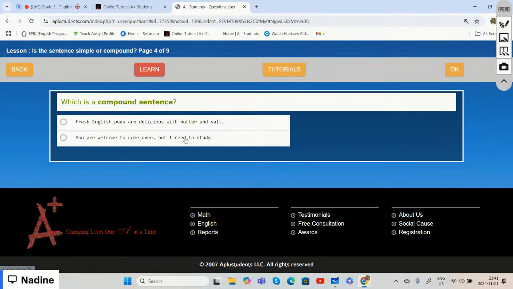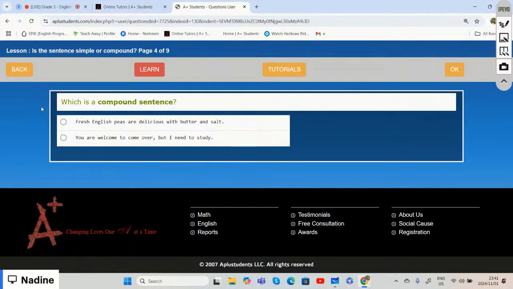All right, so we need to say which one is a compound sentence. Is it option one, fresh English peas are delicious with butter and salt? Or is it option two, you are welcome to come over, but I need to study?